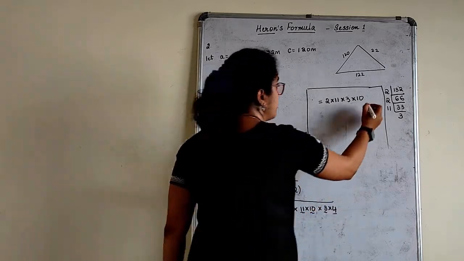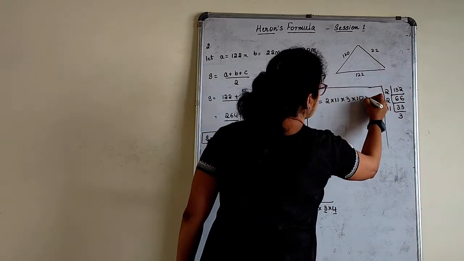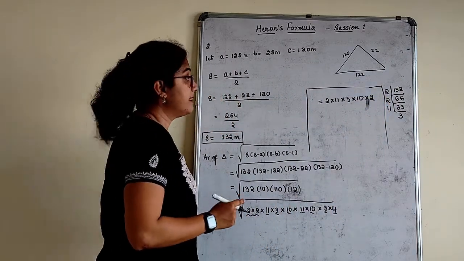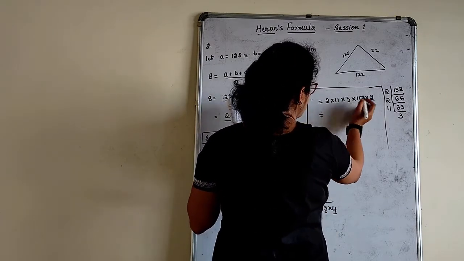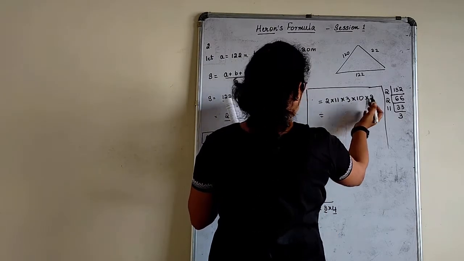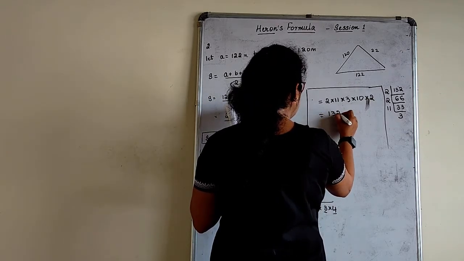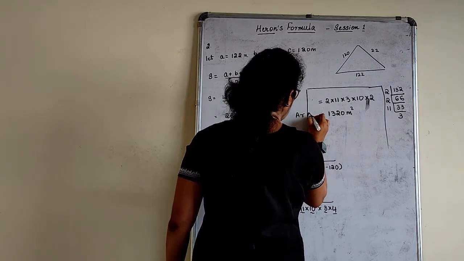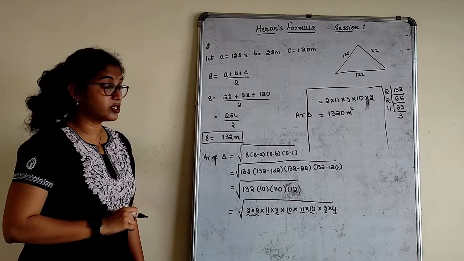Root 4 is nothing but 2. No root is left here. That means this is a perfect square. Now multiply this. 11 twos are 22, 3 tens are 30, 3 twos are 6, so 60. 22 into 60 will give you 1320 meters square. Area of triangle is 1320 meters square.